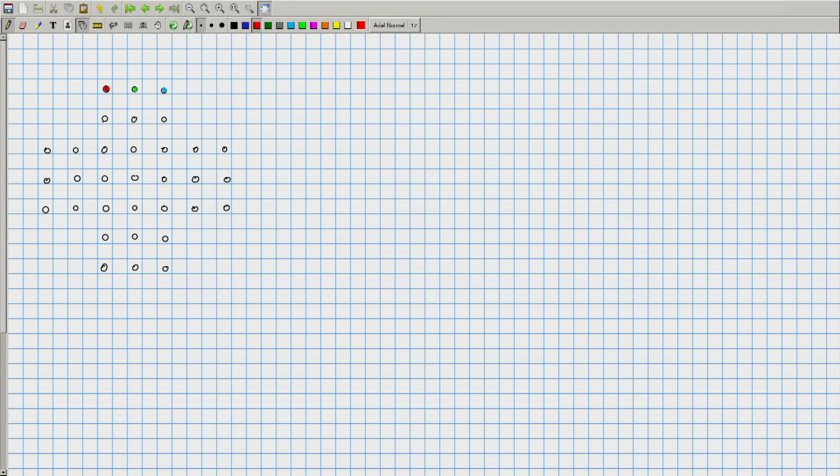So, A, B, C, A, B, C, A, B, C. This is also going to be an A, it's going to be a B, and these positions are going to be the C positions.